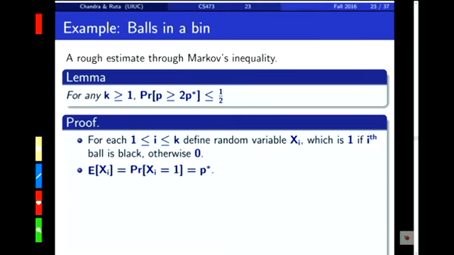So let's define a random variable, say xi, if I'm going to do k samples. That's fixed. I'm fixing that. Some number k, at least 1. Let's say xi is 1 if the ith ball is black, otherwise it's 0.